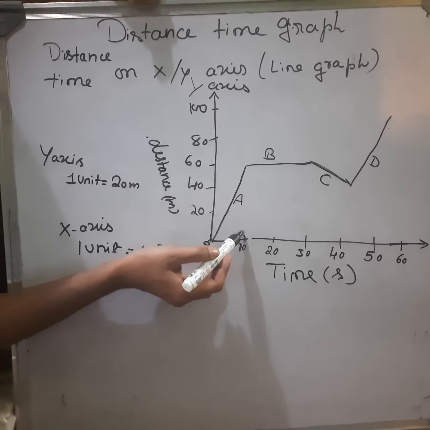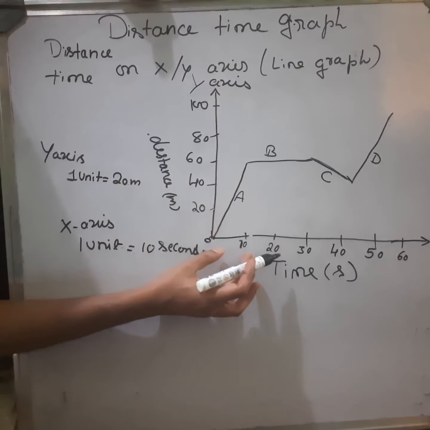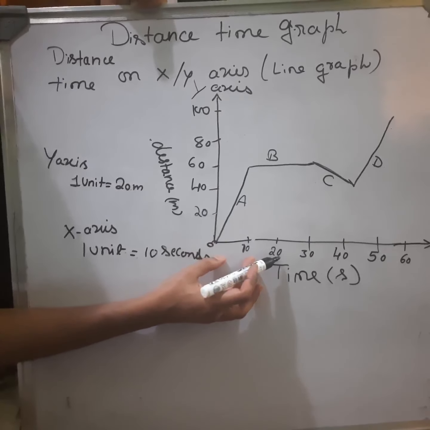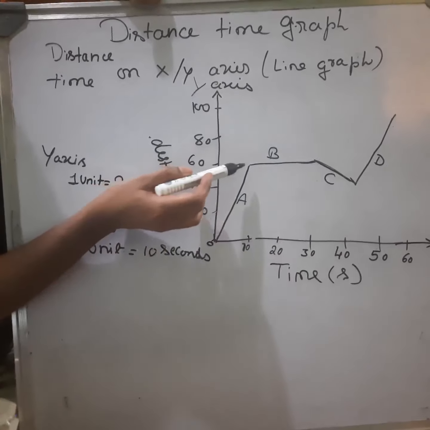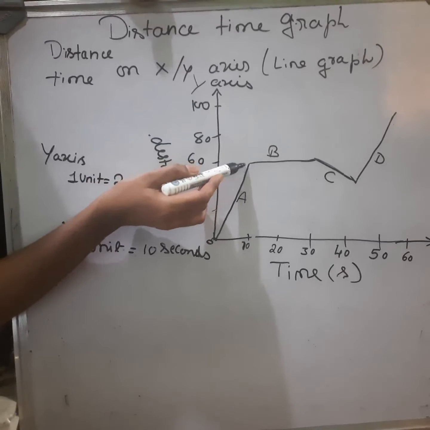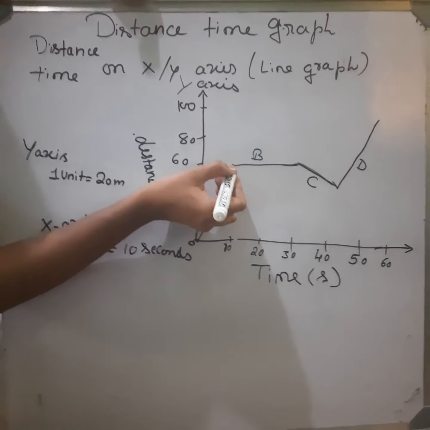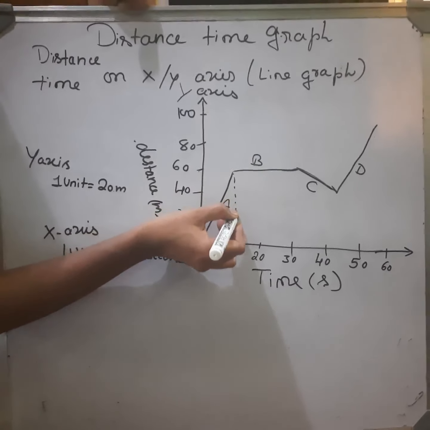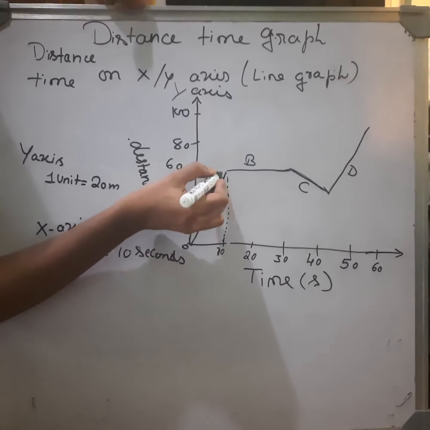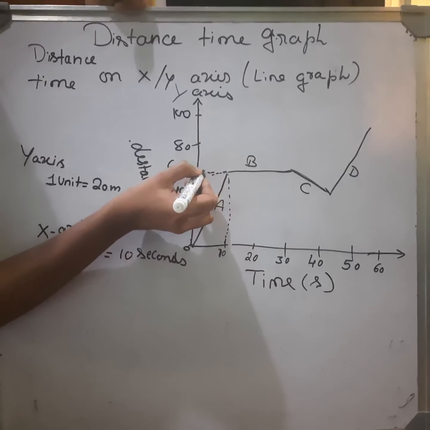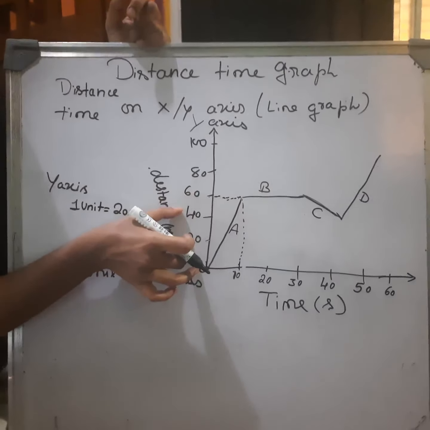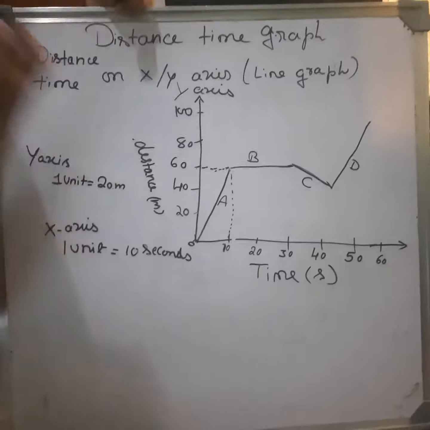After completing 10 seconds of traveling, it has covered a distance of how much? Yes, it is 60 meters. Just for your clarification, I'll draw a dotted line which shows 60 meters. It covers 60 meters in 10 seconds.